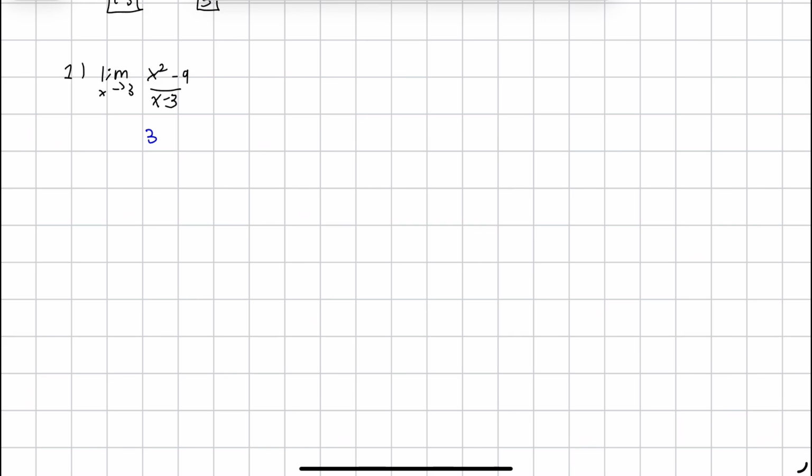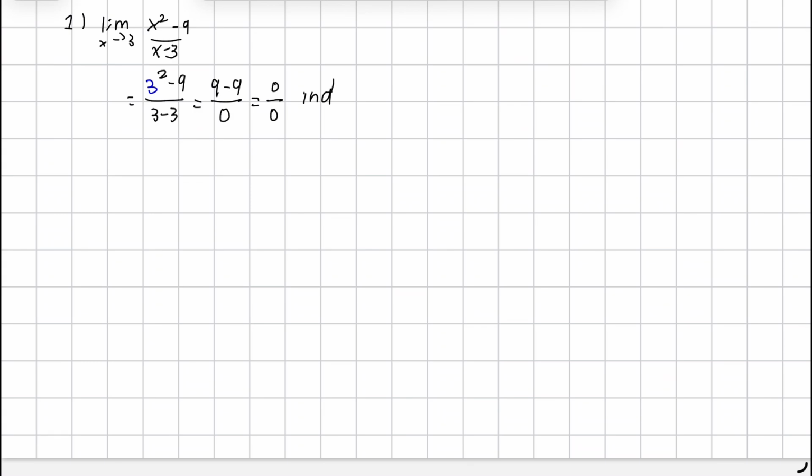We have 3 squared minus 9 over 3 minus 3. That's going to give us 9 minus 9, and 3 minus 3, which is 0. So we get 0 over 0. This is an indeterminate form, which means we have to do one of our strategies, and we're going to start with factoring. x squared minus 9 simplifies to x minus 3 times x plus 3.